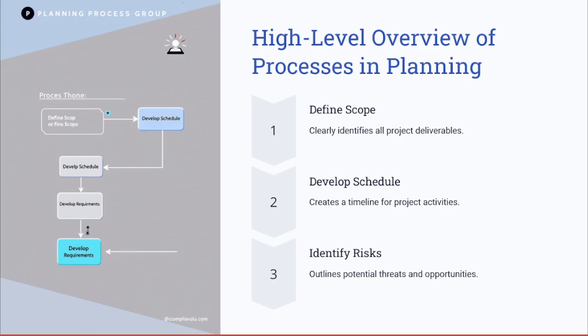And identify risks serves the knowledge area of risk management, outlining the potential threats and opportunities. These processes collectively produce critical outputs, including the scope baseline, schedule baseline, and risk management plan. Each of these outputs serves as a guiding document for the project team, ensuring that project objectives are met efficiently and effectively.